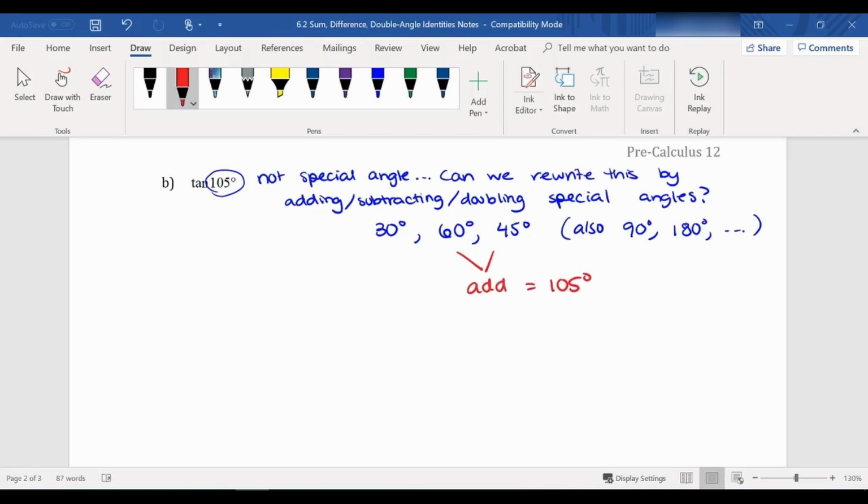Now, I don't have the tangent double angle formulas written on our notes here, but they are on our formula sheet. So I'm just trying to get my formula sheet up here. Where did it go? I lost it.